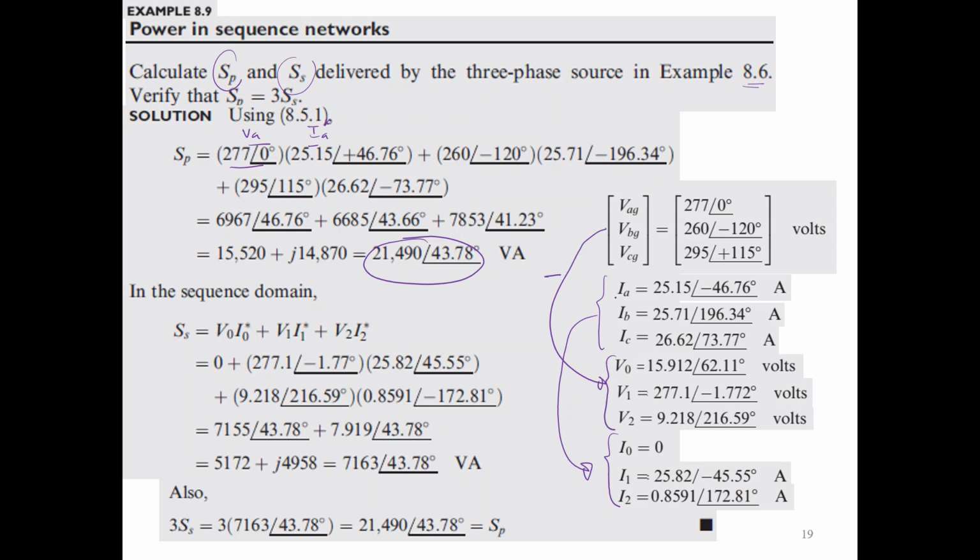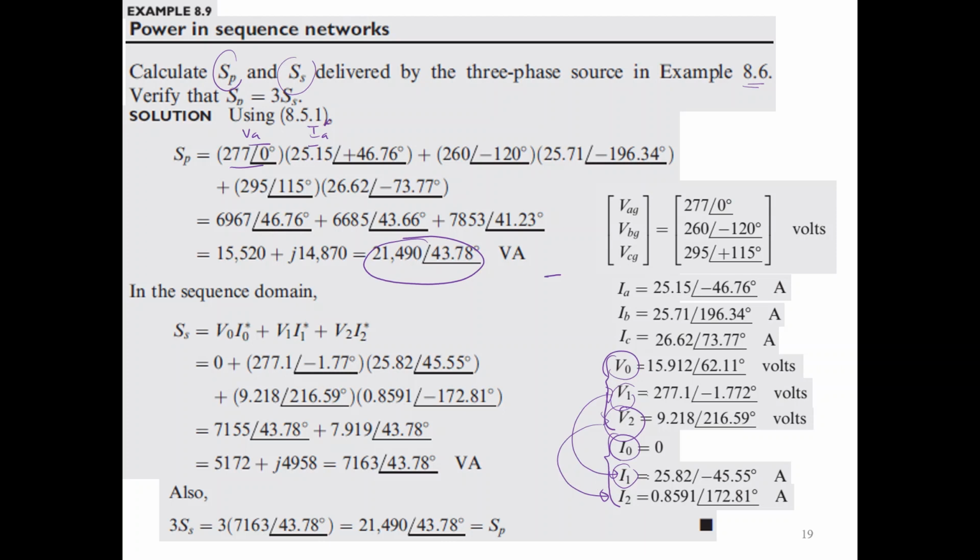Now, soon after you know these two, you just multiply this with the conjugate of this. V0 times I0 conjugate, this becomes 0, plus V1 times I1 conjugate, plus V2 times I2 conjugate.